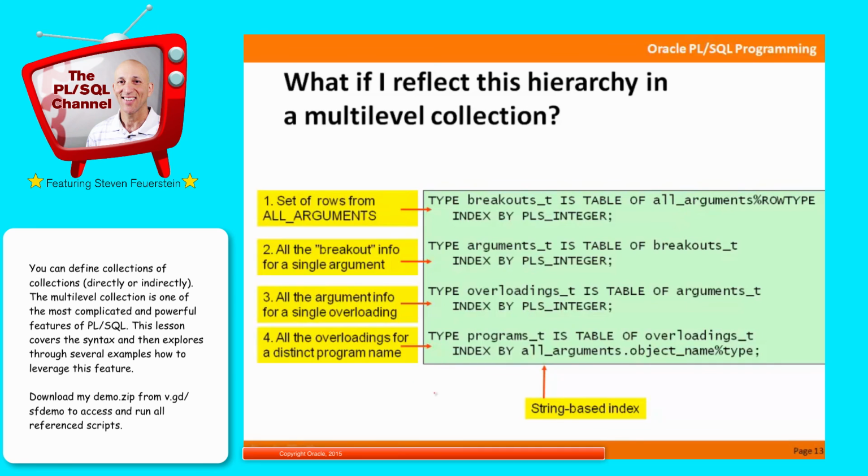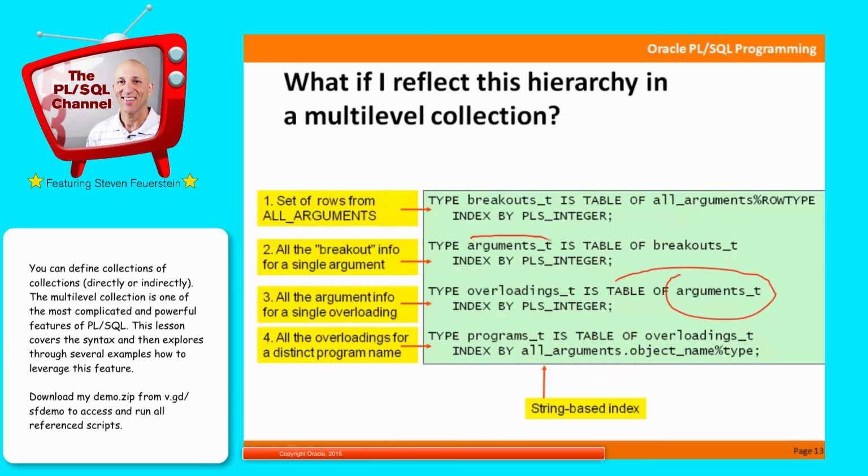Let's start from the bottom. First of all, my programs are organized by name. So I have a collection, an associative array indexed by the object name, the program name. And it's a list of overloadings of that program. Each overloading has an overload number, so it's indexed by integer. And it's a table of the arguments for that overloading.